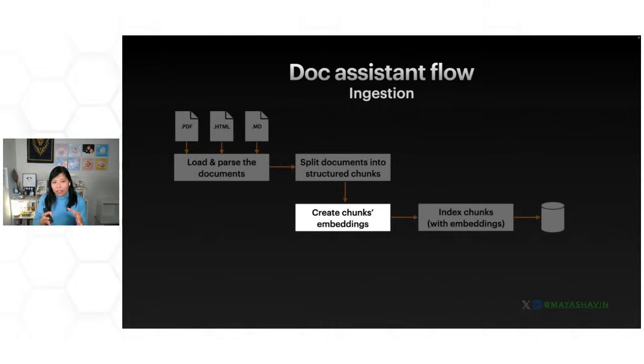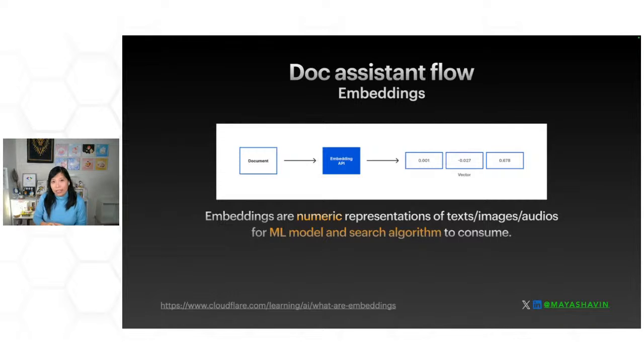The interesting thing in this flow, which you may or may not be aware of, is creating the chunk embeddings. What is this for? Well, it's used for vector search and semantic search algorithms in order to query the right chunks according to the input received. And what is an embedding? In this example, you can see the flow of how we create an embedding. The document here is actually text.